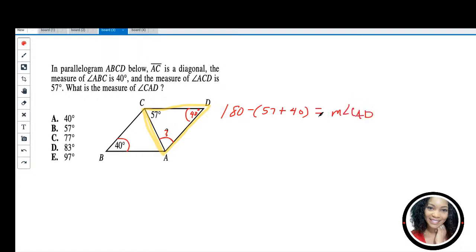And I'll just put that in my calculator real quick to get the answer for us. You guys probably have it already worked out in your head faster than I can change screens. That's okay. 180 minus 57 plus 40 is going to give us 83 degrees for the answer to problem 2. Okay.